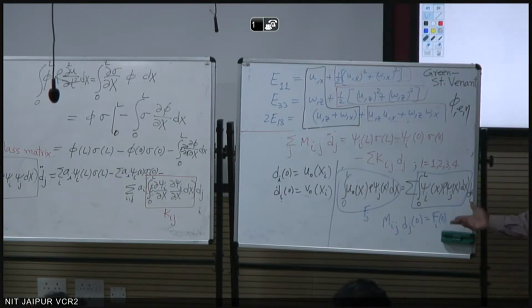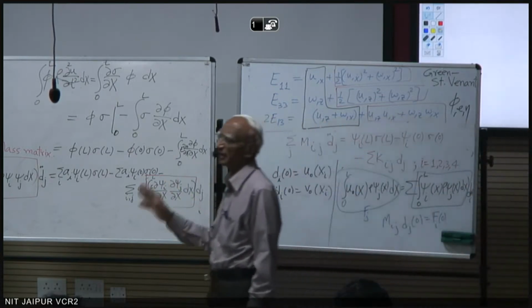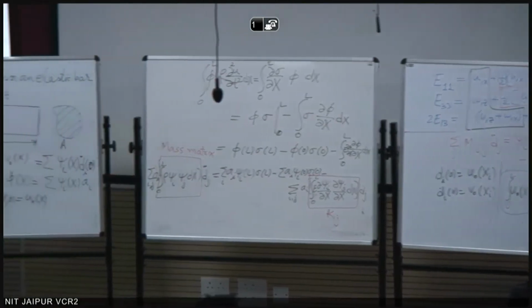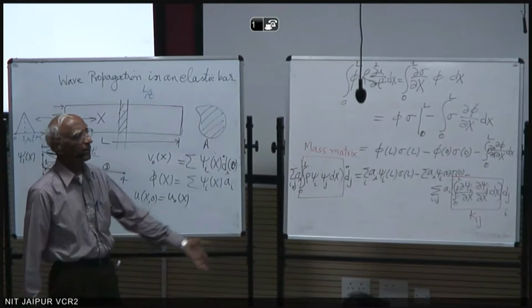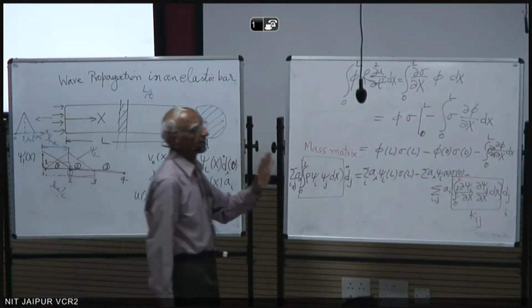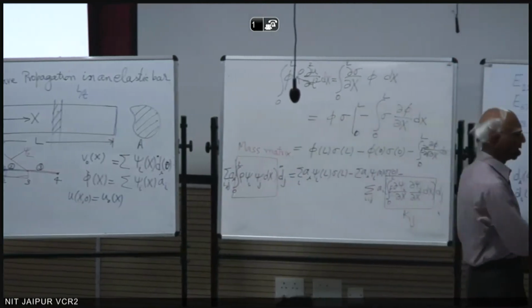So now you can solve for d0. This is some kind of smoothing technique that you have smoothed out the initial displacements and found the values at different nodes.